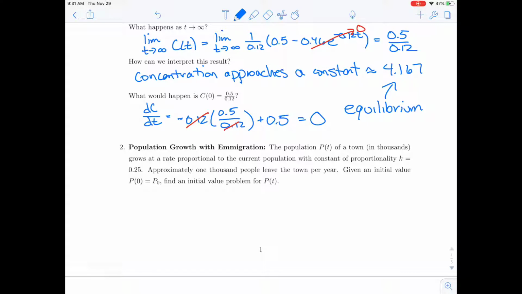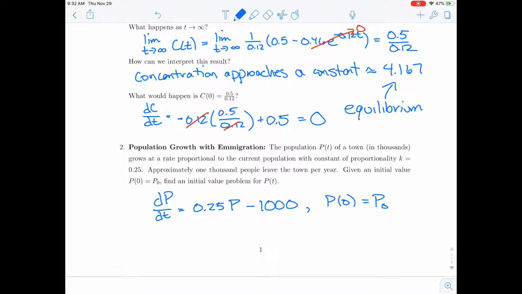So we would still have that the rate of growth is proportional to the current population, 0.25 times P, but people would be leaving at a constant rate, minus 1,000. Again, we'll have an initial value, P(0) equals P sub 0. This would be an initial value problem that describes a population where there's growth, but also people leaving, an emigration.